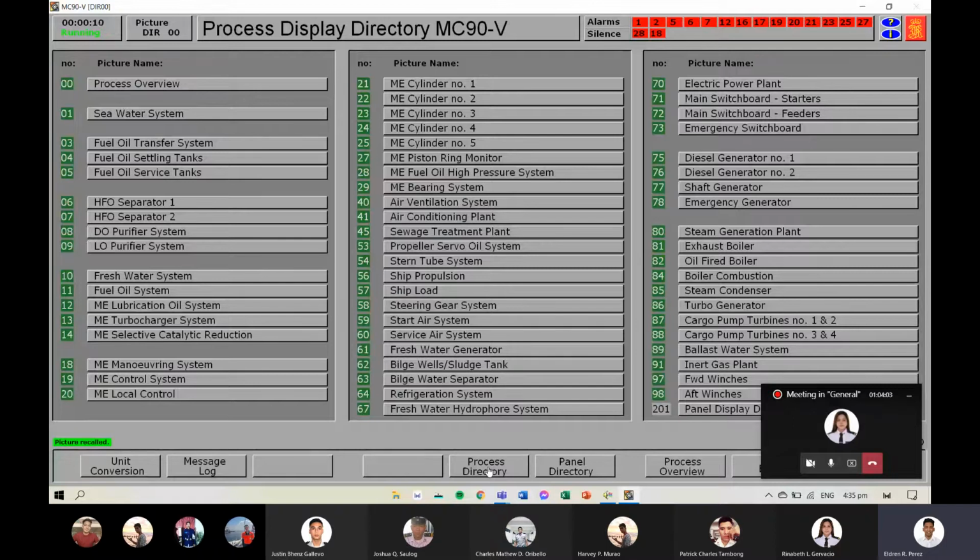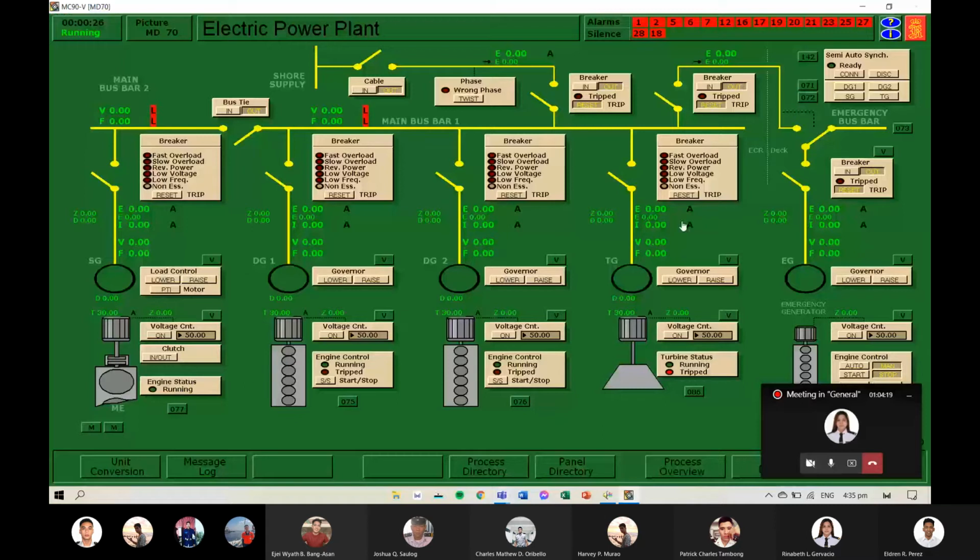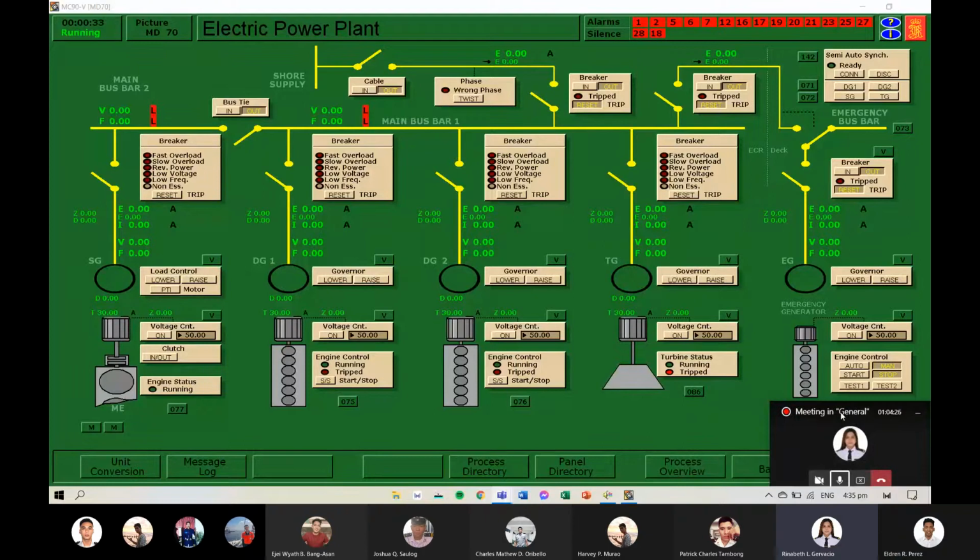To start the procedure, here is Midshipwoman Herbacio to discuss the first part of the step-by-step procedures. Chief Engineer Perez, sir. First, go to Directory 70, the emergency generator. Next, start the emergency generator on engine control. Done.